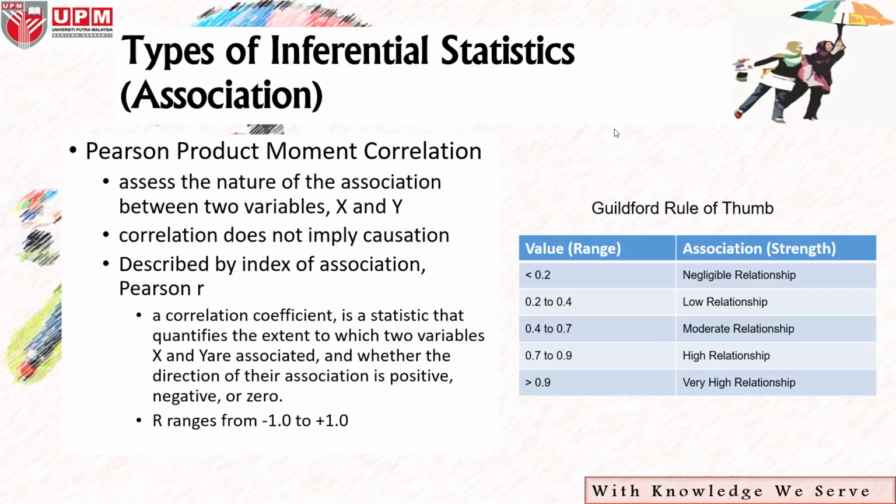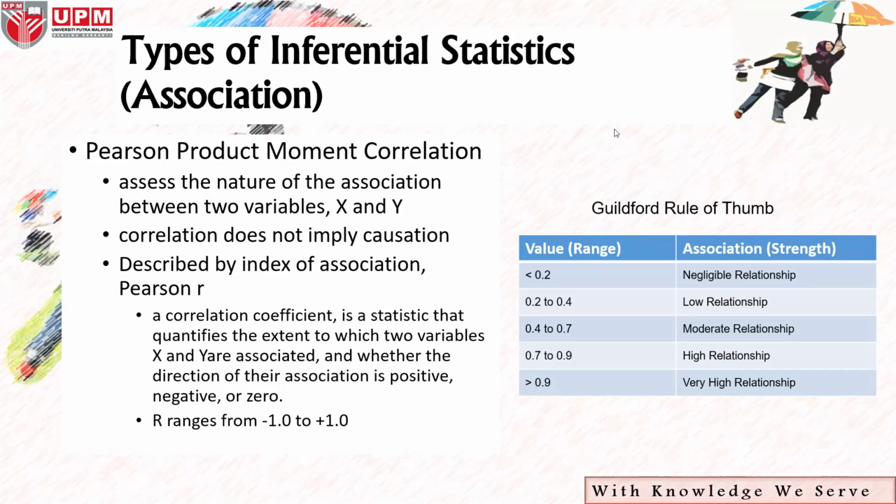Pearson product moment correlation analysis we use to assess the nature of the relationship or association between two variables. When I mention the nature of the association, please remember two things.